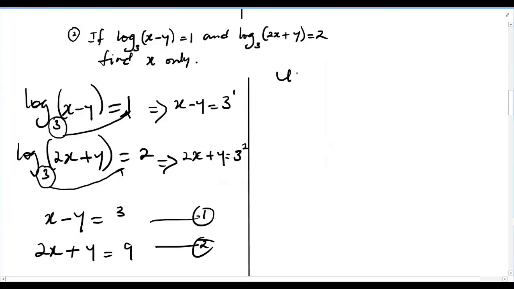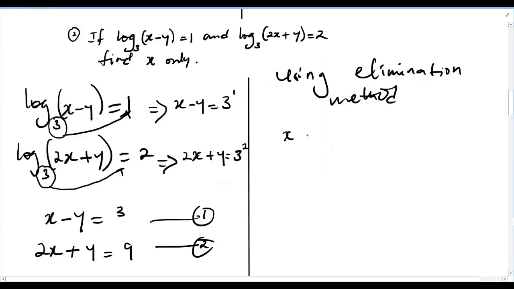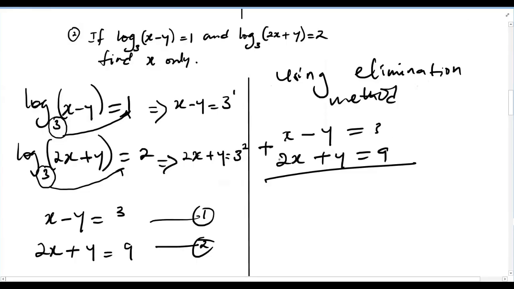So now, using the elimination method, we have x minus y equal to 3. Then we have 2x plus y equal to 9. So we add the two equations. x here, positive x plus positive 2x, x plus 2x is 3x.